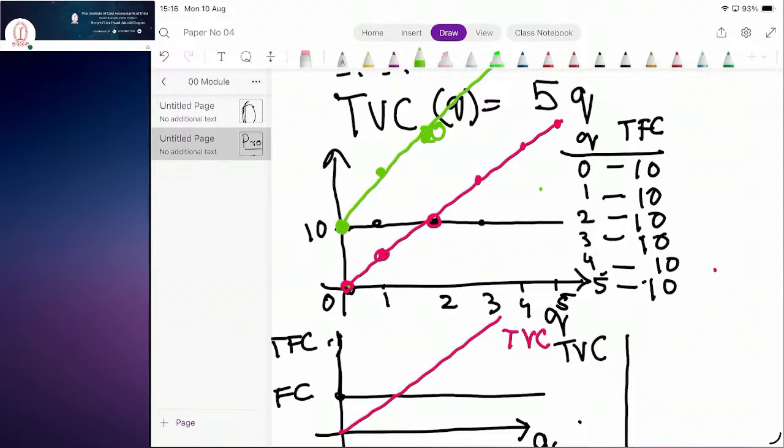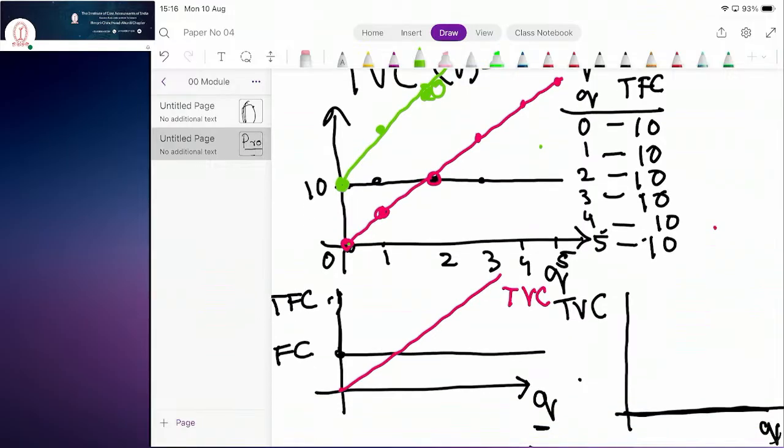Okay, so in general my TC curve will be like this.